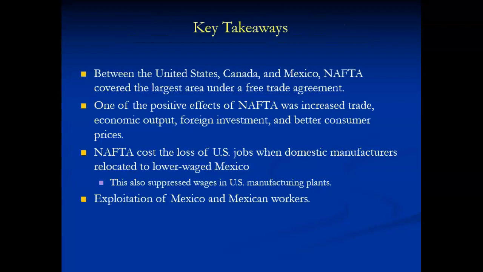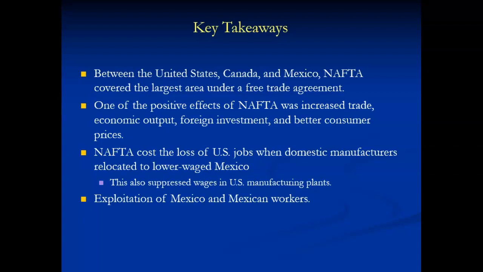Okay, so key takeaways at this point: between the US, Canada, and Mexico, NAFTA covered the largest area globally and connected all three economies under a single free trade agreement. One of the positive aspects of NAFTA was the increased trade, economic output, foreign investment, and better consumer prices.